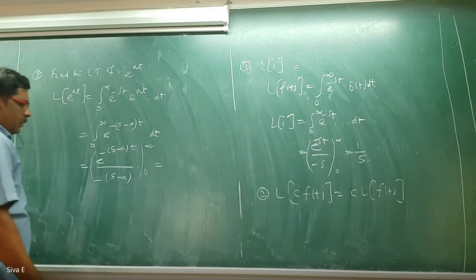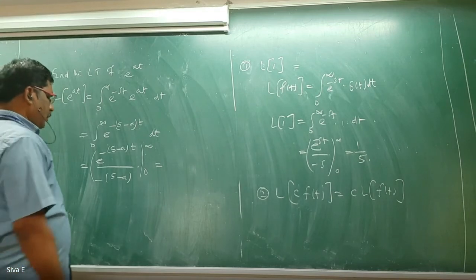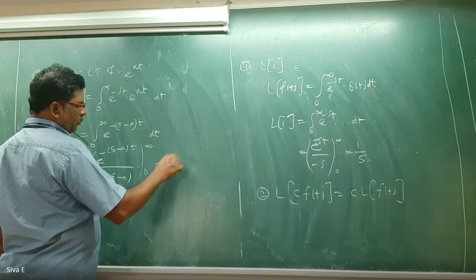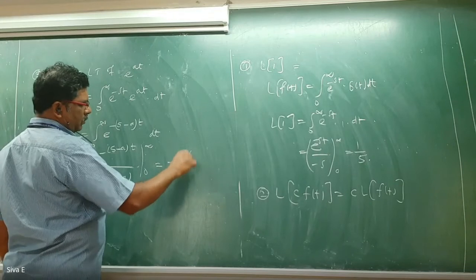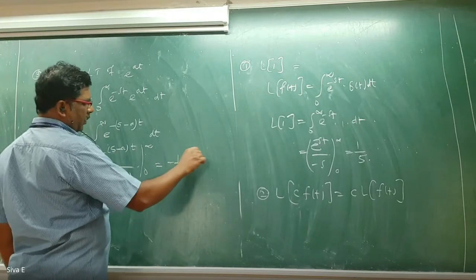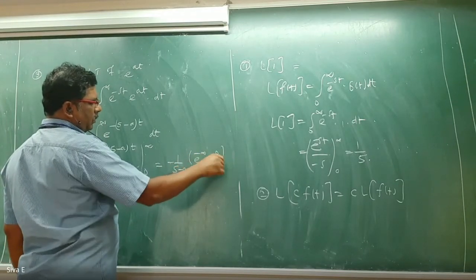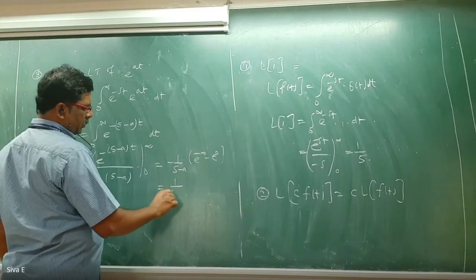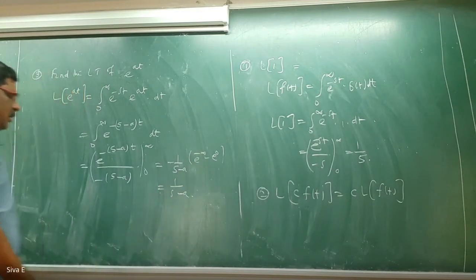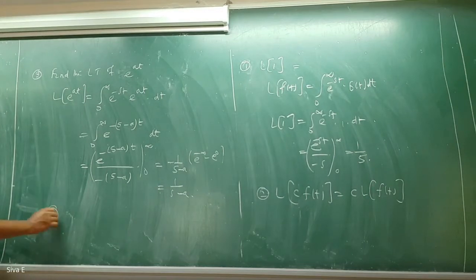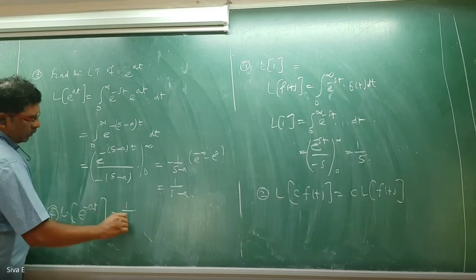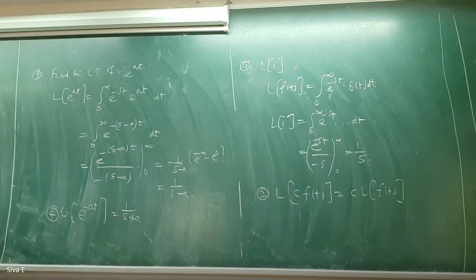That is equal to minus 1 by (s minus a) times e power minus infinity minus e power 0. So it is 1 by s minus a. Similarly, the Laplace transform of e power minus at is 1 by s plus a.